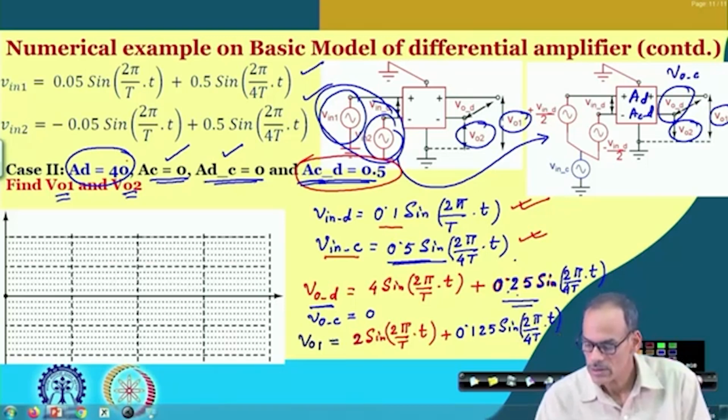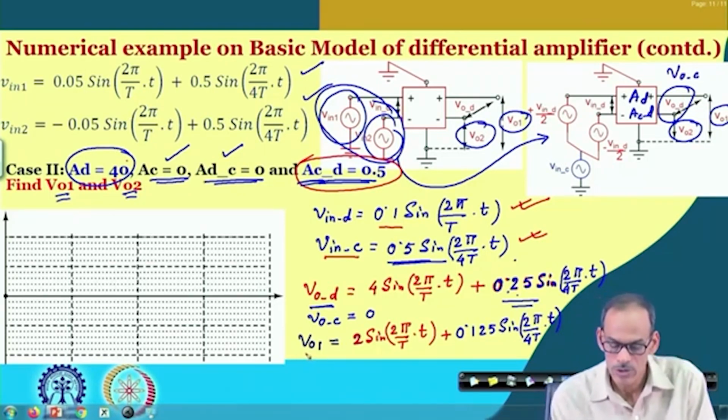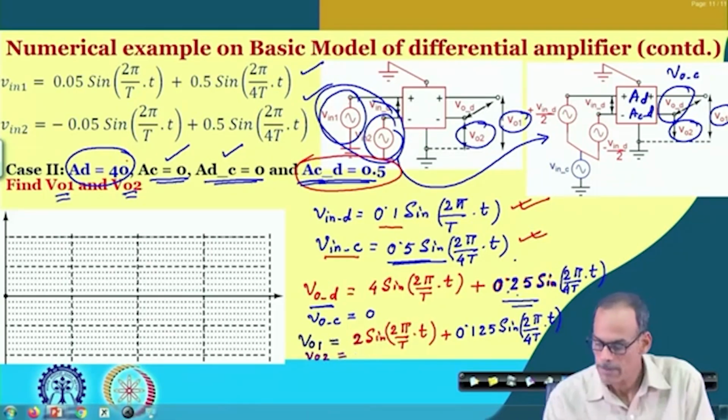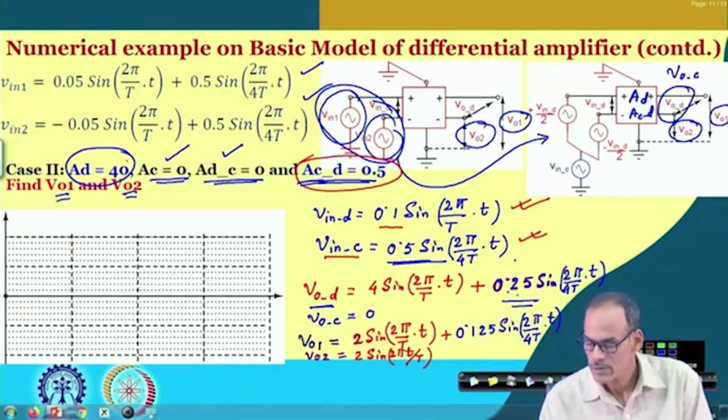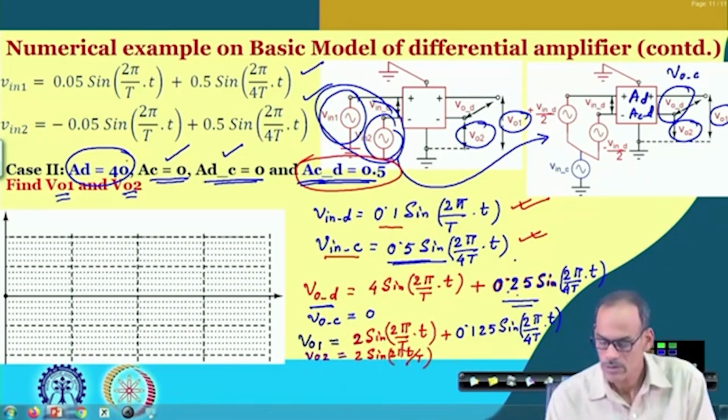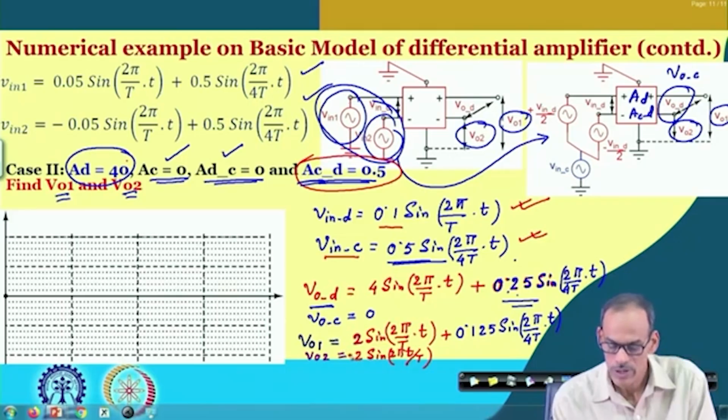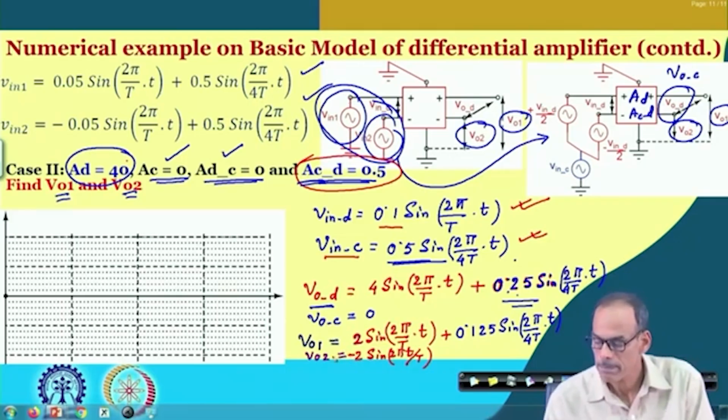And then the other output, VO2, equals 2 sine 2 pi by capital T into t, and of course, this will have a minus sign, and this part also has a minus sign.